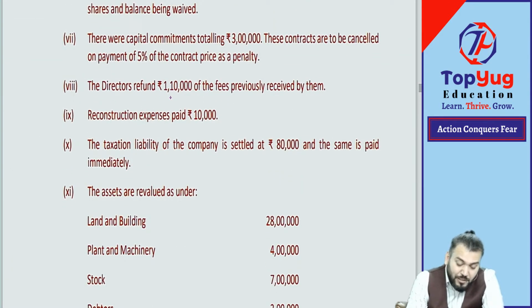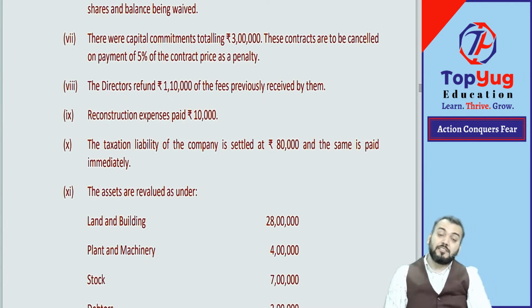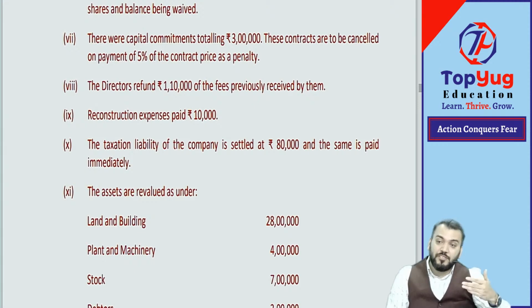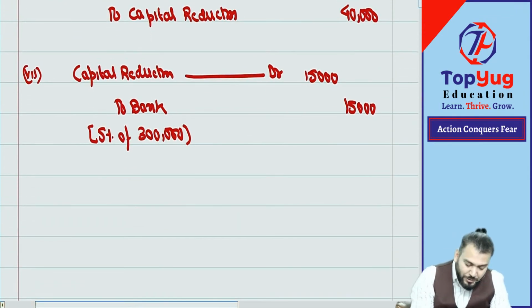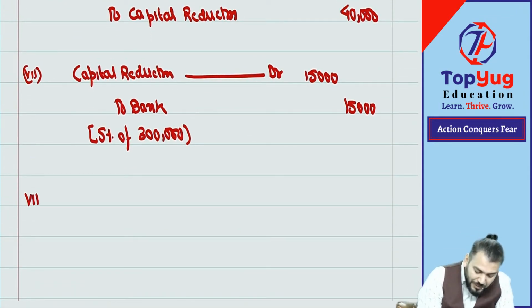Then directors refund 1,10,000 of fees previously received by them. It means in a past year we have paid some fees to the directors. Now they have refunded that amount, because it becomes income for the company. So what journal entry? Very good. Bank or cash account debit to capital reduction account. Very simple. I'm using only bank.